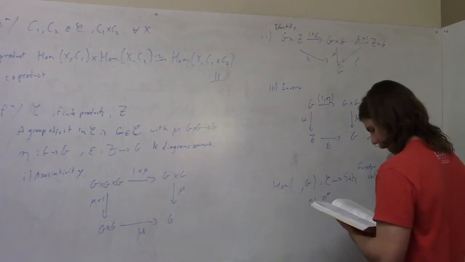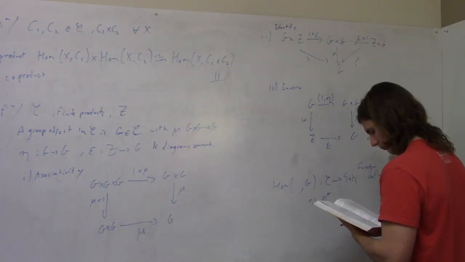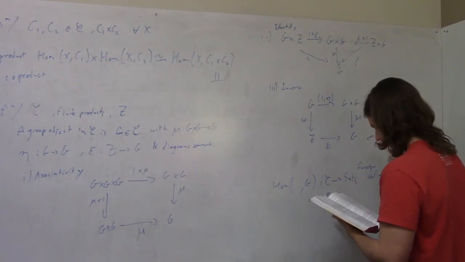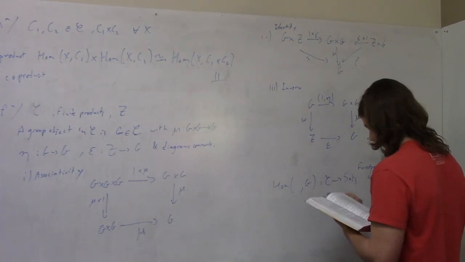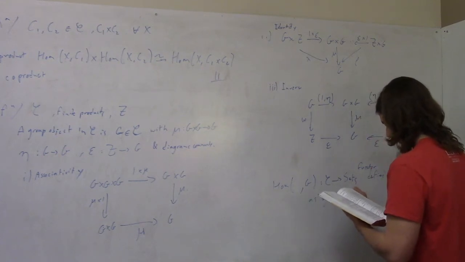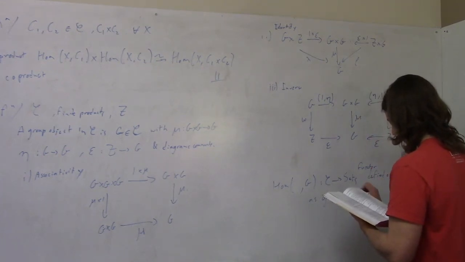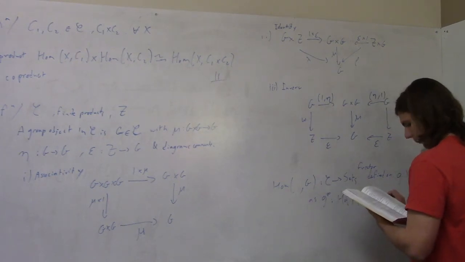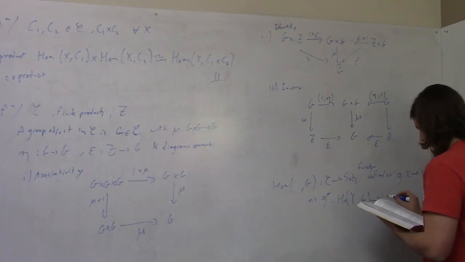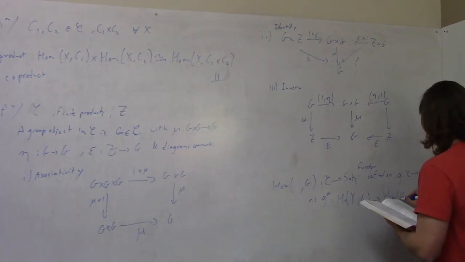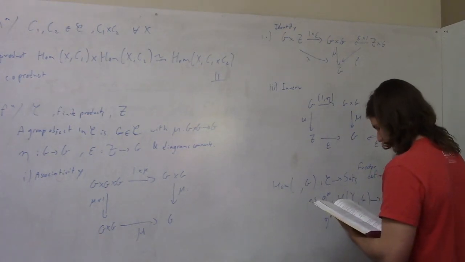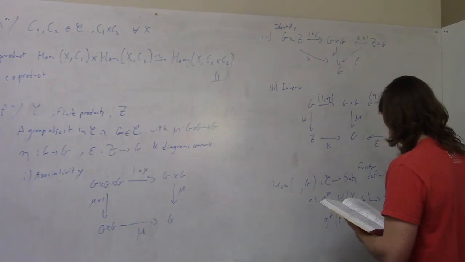Where, yeah, so when you take this induced map, which maps functions from y to G and maps them to functions from x to G, by G star of f is equal to fg.